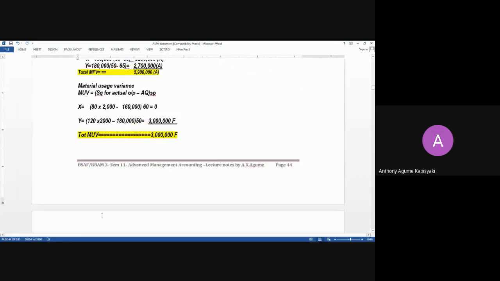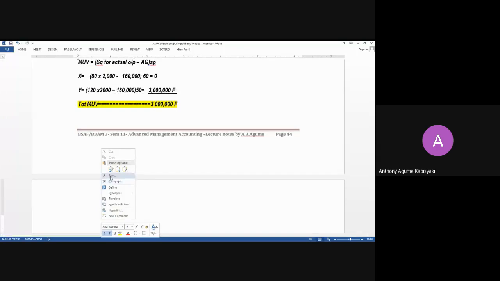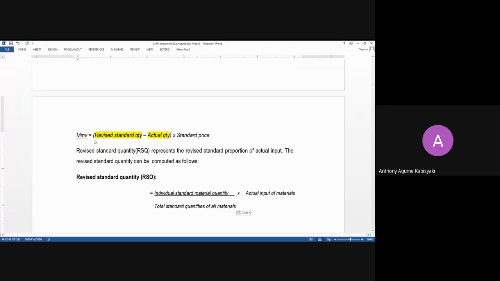We say that material mix is got by revised standard quantity minus actual quantity times standard price. And how do you get the revised standard quantity? You get the individual standard material quantity over the total standard quantity of all materials times actual input of materials.